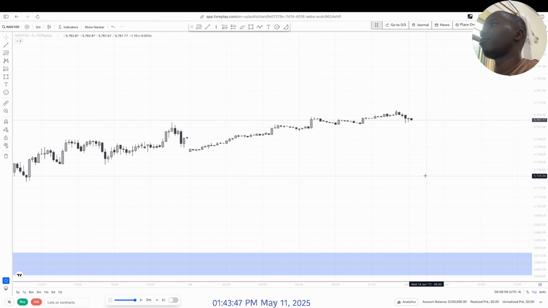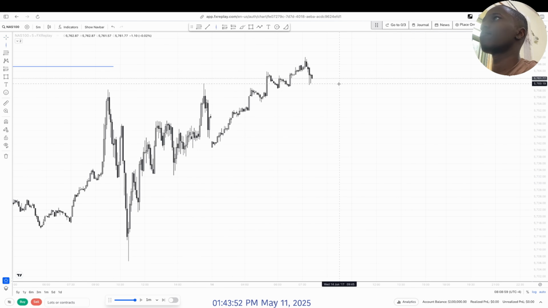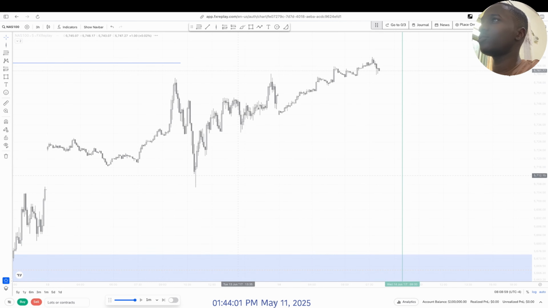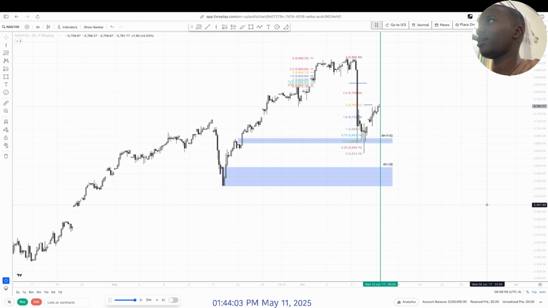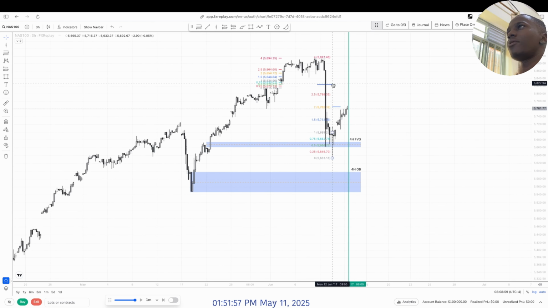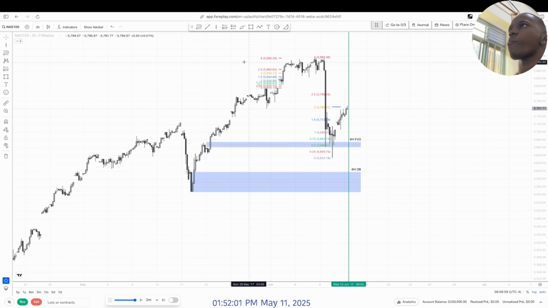Let's mark up the start of New York. 9:30 right here, and let's observe the movements of New York. Before we do that, I'd like to have a quite small analysis on the higher time frame. Basically, looking from the higher time frame standpoint, let's mark the equilibrium on this move right here.